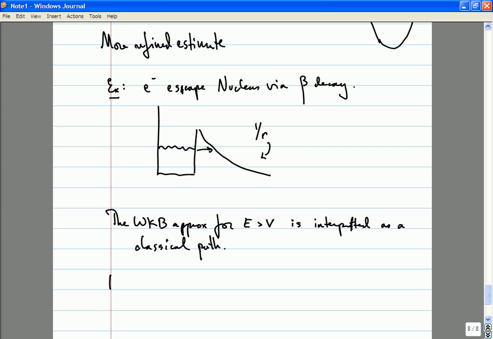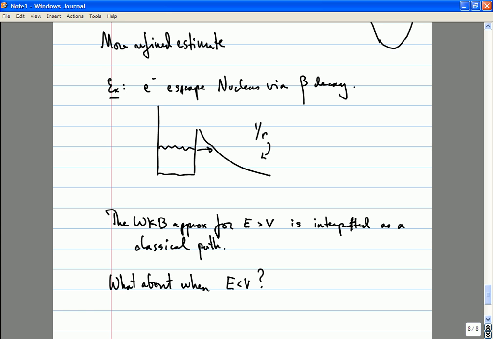In this case, E is less than V, and we've seen that the wave function decays exponentially. But the equations are so similar that you might wonder whether there is an interpretation of the particle moving on a classical path, even though it's on a trajectory that's not allowed by classical mechanics. It's not allowed by energy conservation.